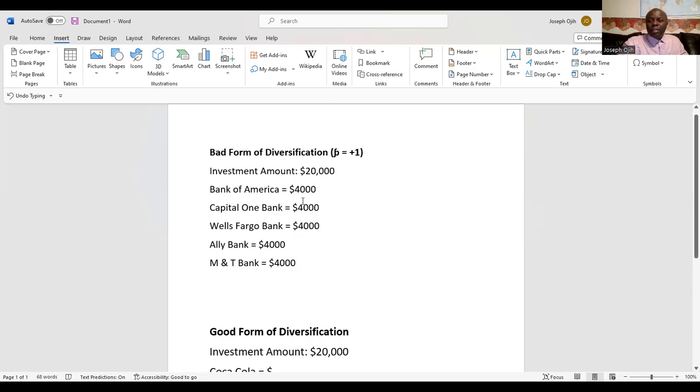This is the typical example of positively correlated assets because you invested in one industry, which is the banking sector. If the banking industry has problems, all your investment will be down. So the risk is not reduced.